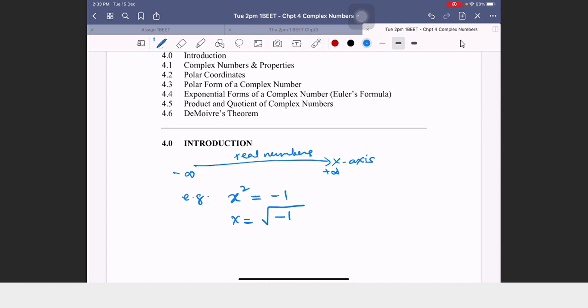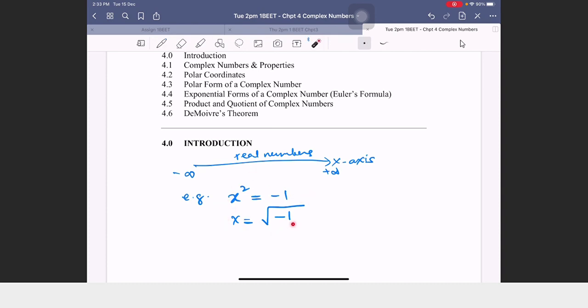This is the basis of where mathematicians invented the complex number, to take care of this type of equation.